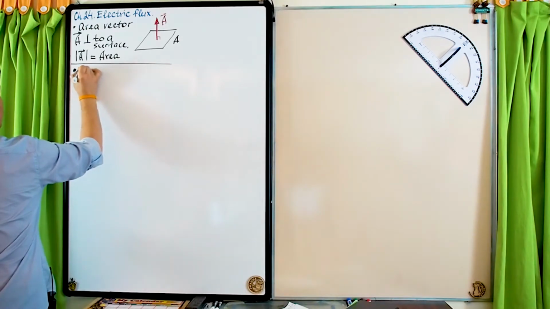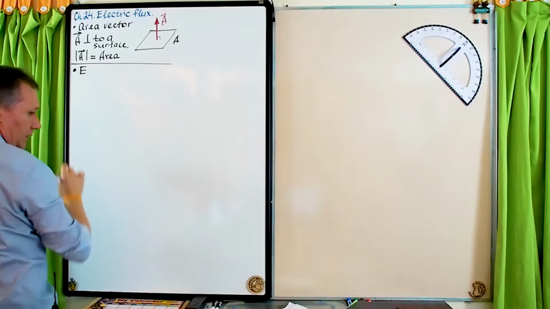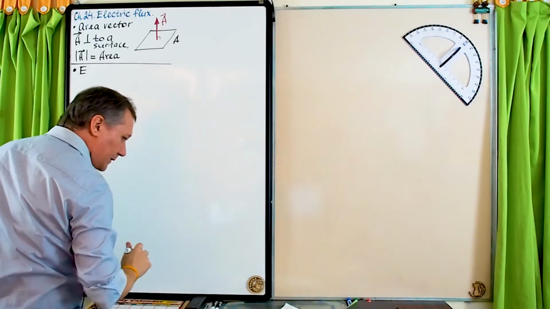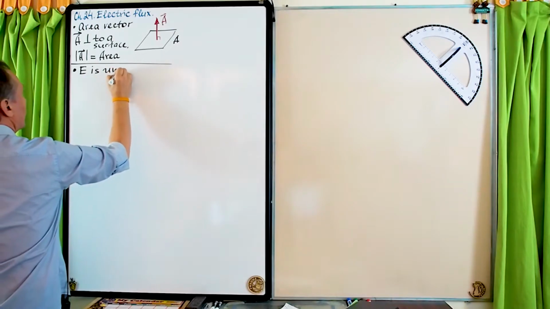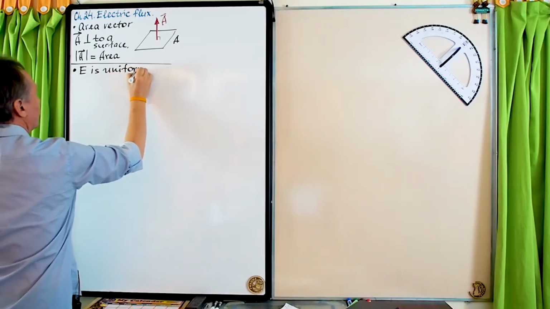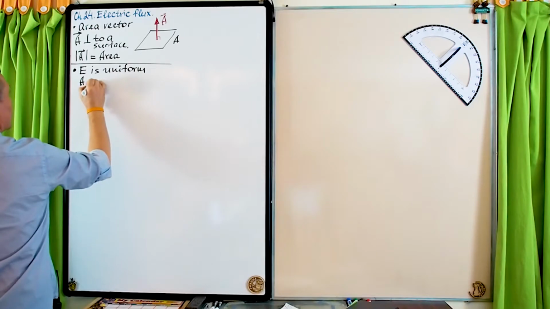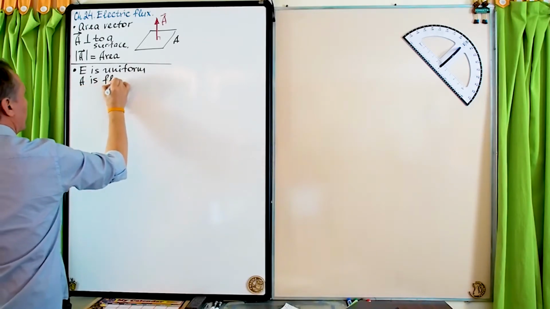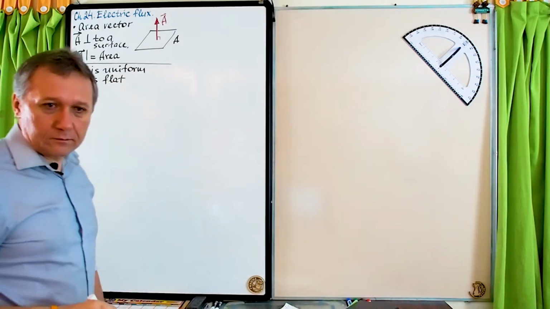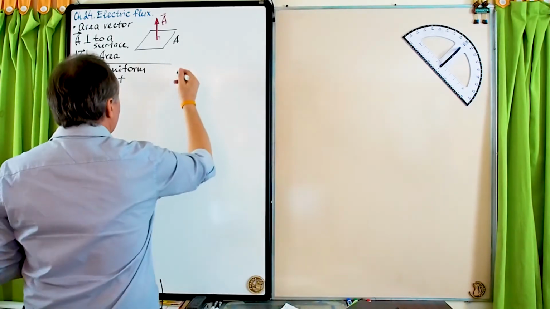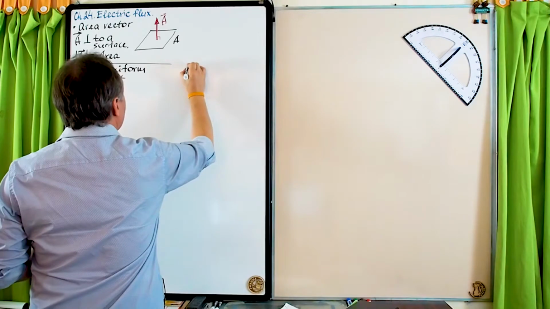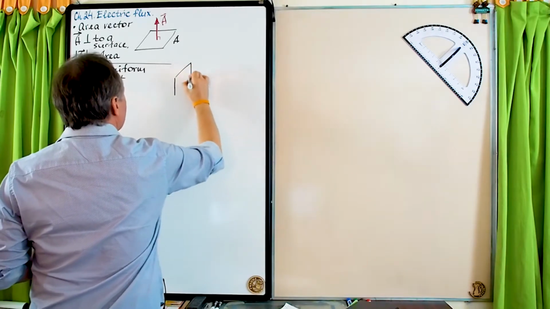Right, so let's say the electric field, which we wrote as E, is uniform and the area is flat. Okay, in this case, I can draw some surface, for example, something like this.